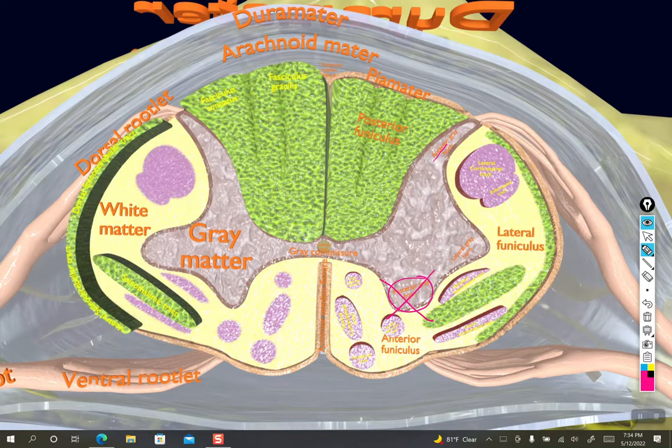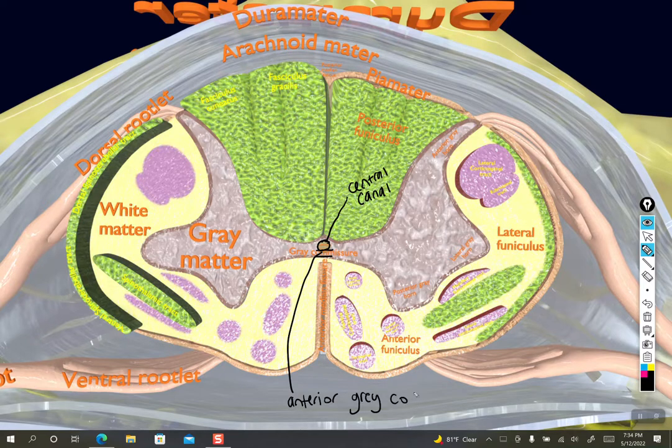So, some stuff to note here. There's a little hole that runs down the middle of this, and that is called the central canal of the spinal cord. It's full of cerebrospinal fluid. The little chunk of gray matter that is just in front of it is called the anterior gray commissure.